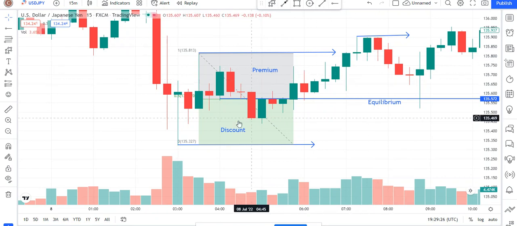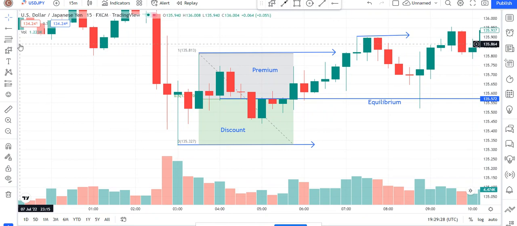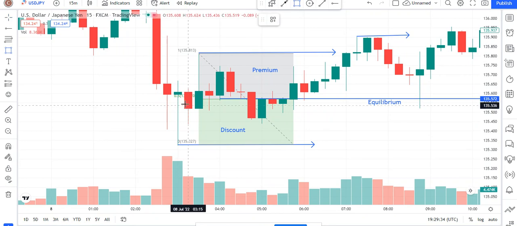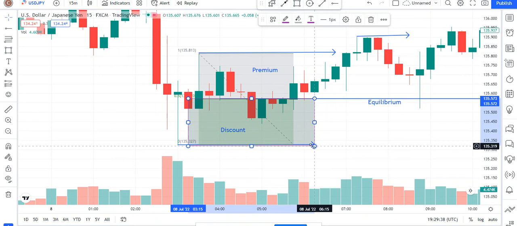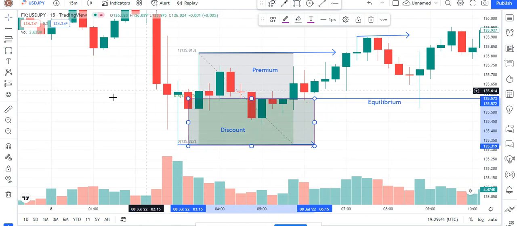So the cheap price is the discount price. That means if we have this range, the part below, all these areas here, the place that is discount, is the area I want to be buying from.